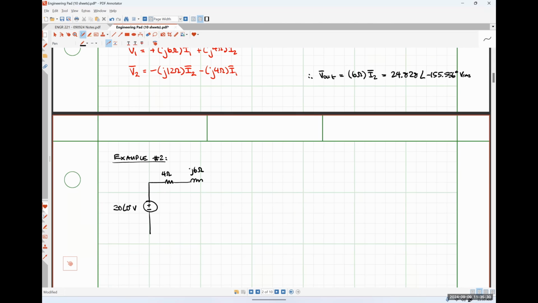A J6 ohm inductance coil, dot on the left-hand side. Here we'll have a minus J10 ohm capacitance. Here we'll have a positive J4 ohm coil, dot on the right-hand side.